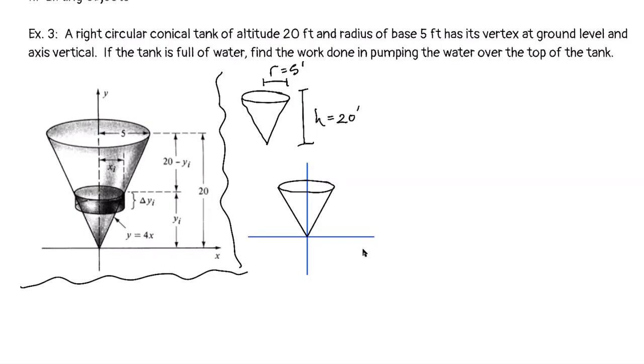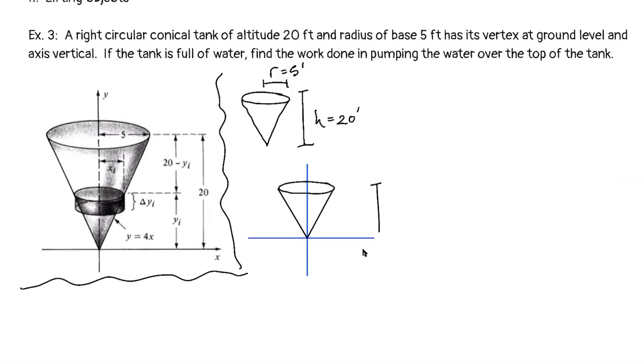Before I called this part the height, but on an XY coordinate system, height is the equivalent of the Y value, because we're going up the cone, and that is the same as the Y axis in our diagram. Now, the radius we could think about as an X value.